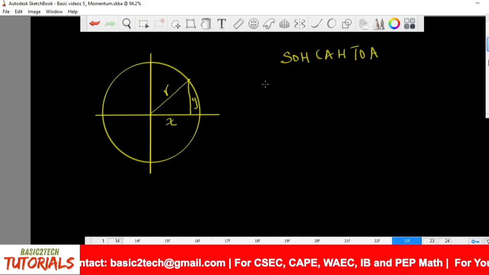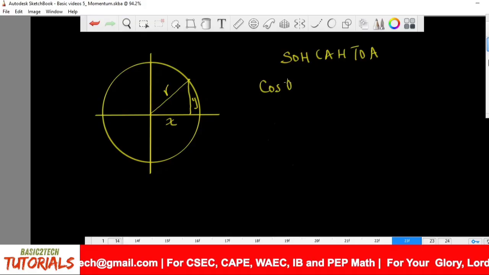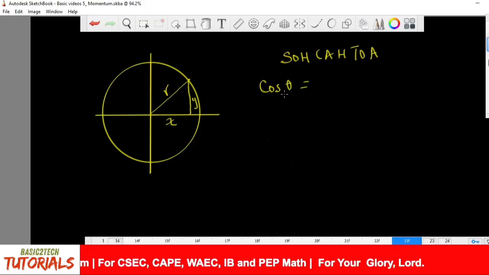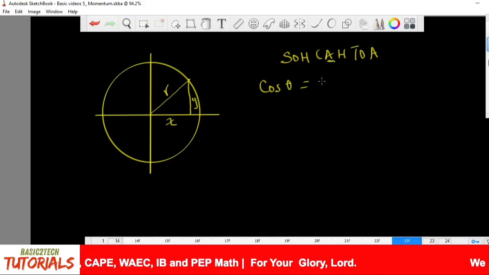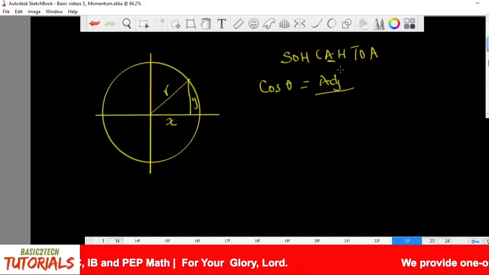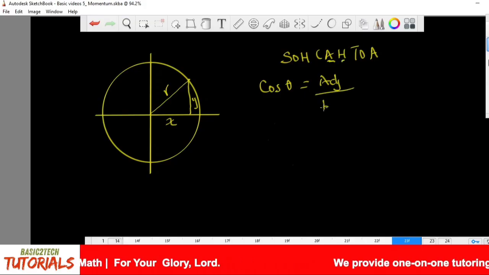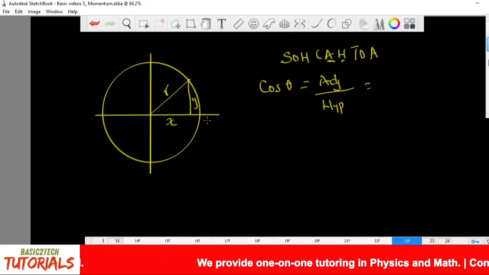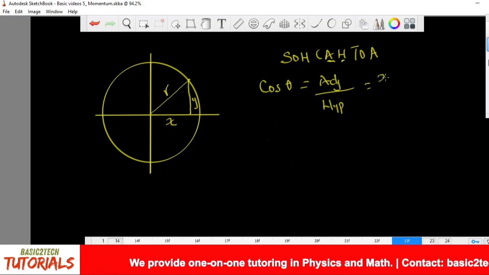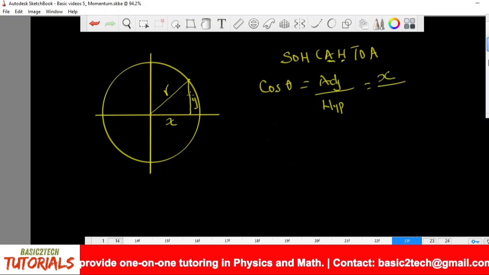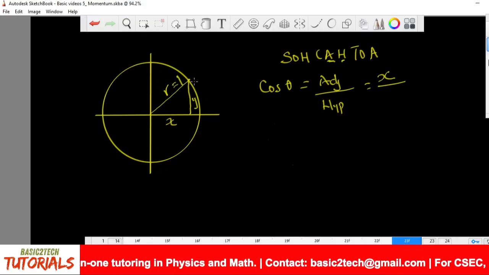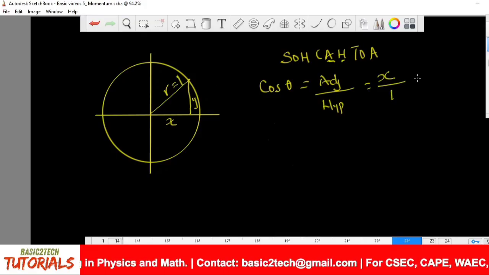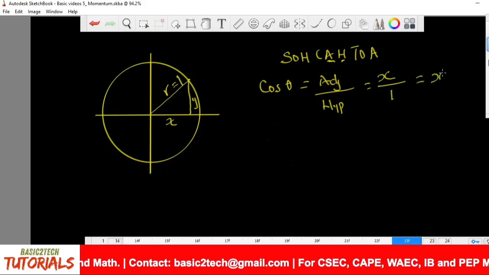Now, to find the cos theta of this circle, cos is adjacent over hypotenuse. So from our circle, the adjacent is x, so it's x over hypotenuse, and r is 1. So therefore we have x over 1, which is x.